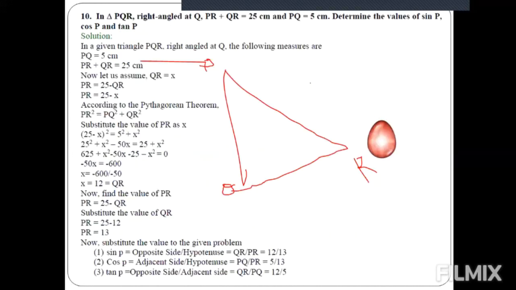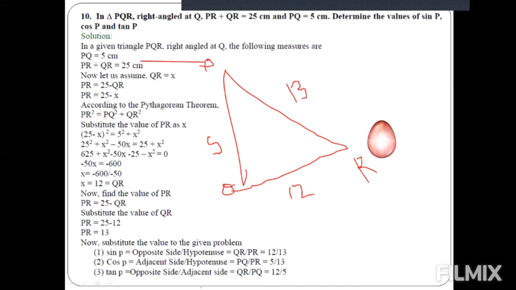And you get the other sides. The first side is QR. QR is 12 centimeter. PQ is 5 centimeter. And PR is 13 centimeter. They have found it like this.